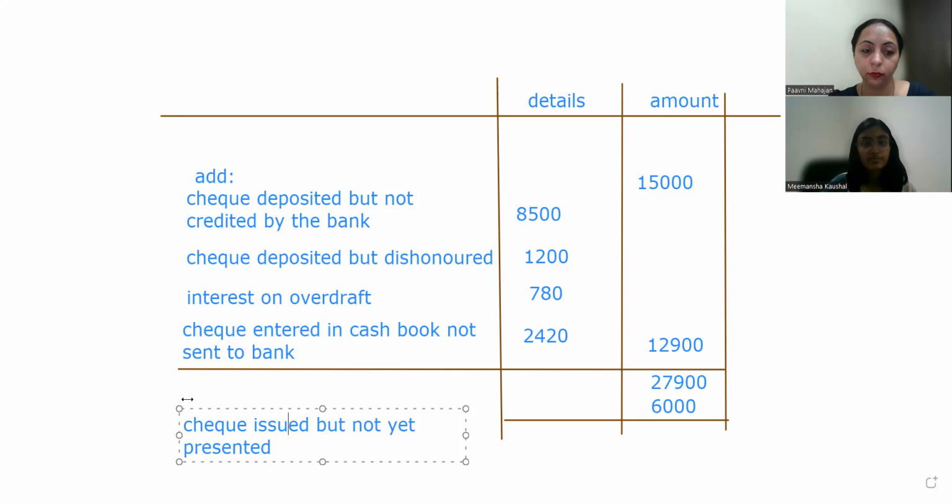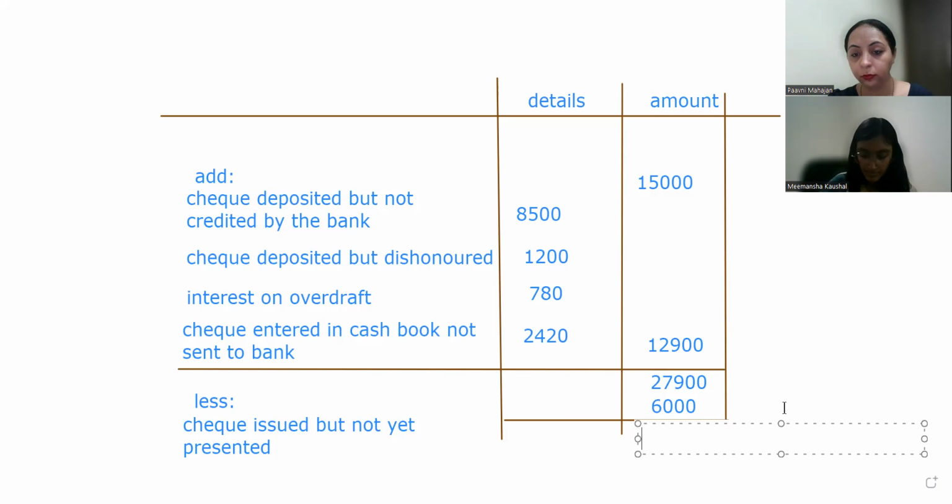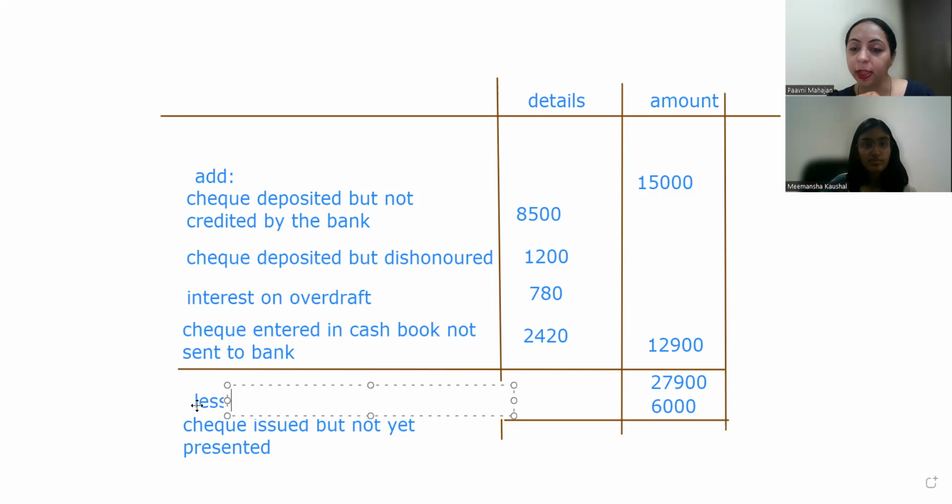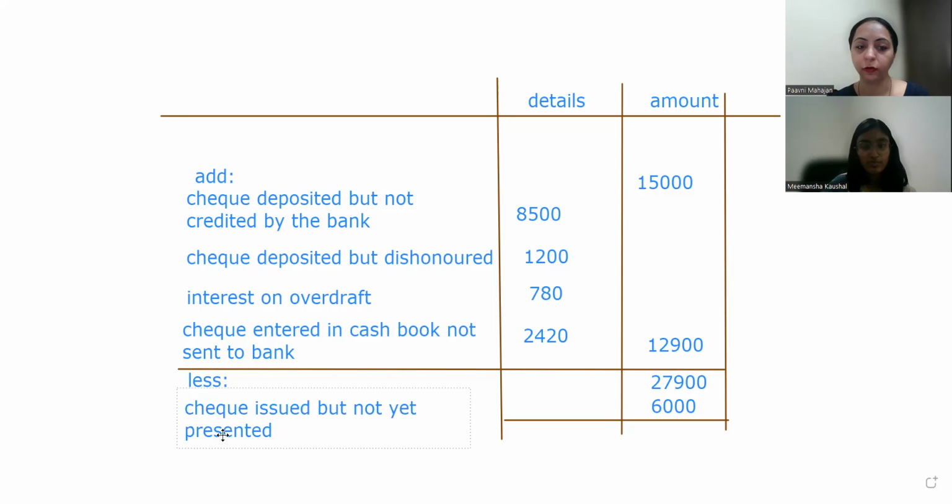Less, before this. So this less, make it a little up because this 6,000 has to come in front of this, check issued but not presented has to come in front of 6,000. And then where you were going to write 21900, there you have to write the balance as per passbook overdraft.